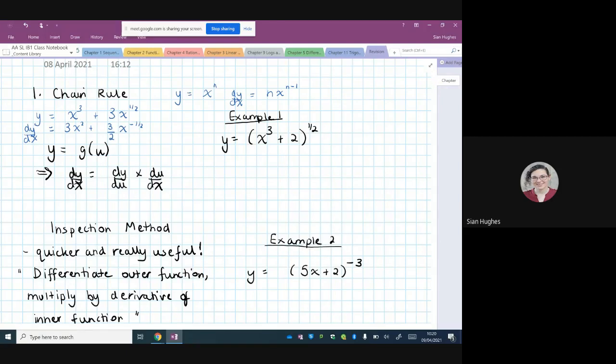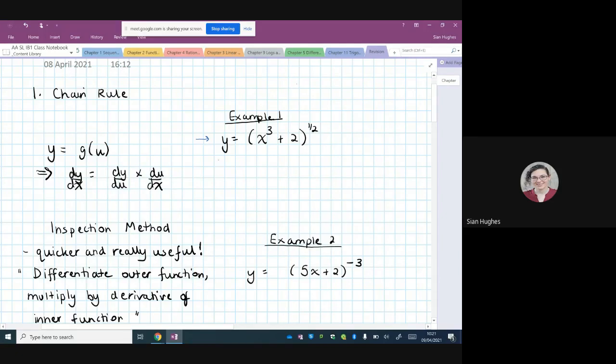What the chain rule is for is how to differentiate something like I've written on the right here, example 1. So where we haven't just got one function at a time, we've got what we could call composite functions. And so we can't just use that basic rule of differentiating every term that we see. So what we do, and the formula is in your formula booklet, is it says that if y is some function g of u, then dy by dx is dy by du times du by dx.